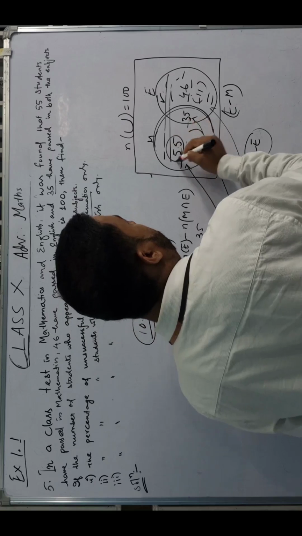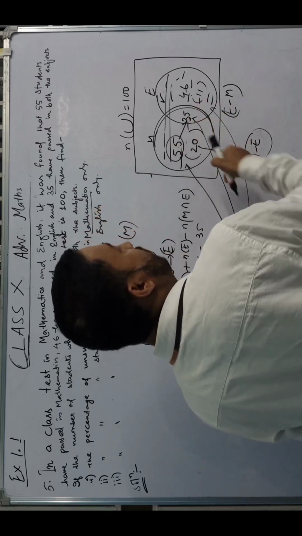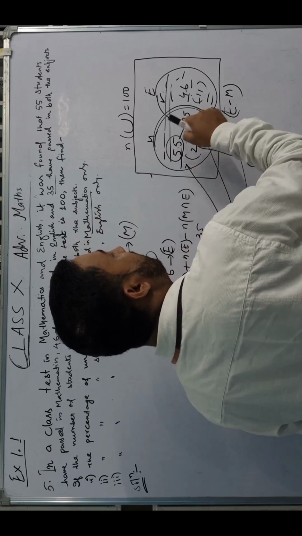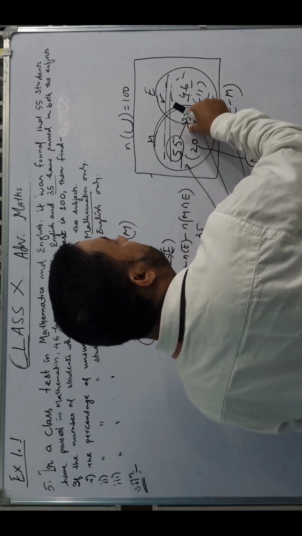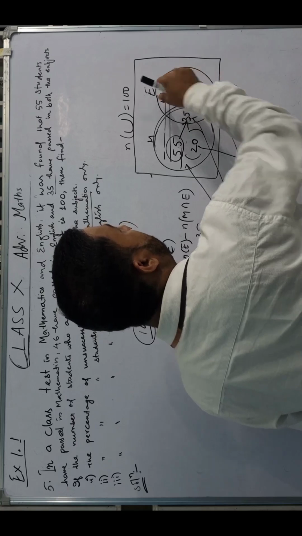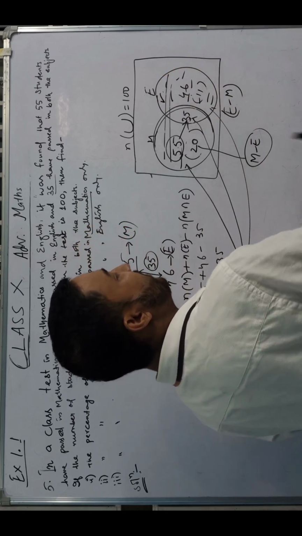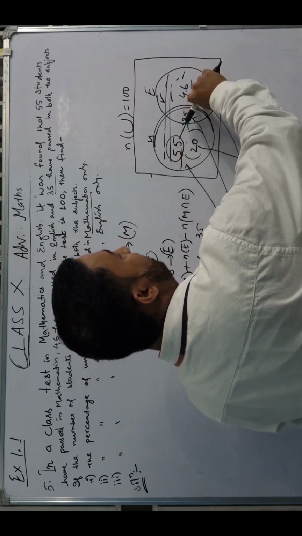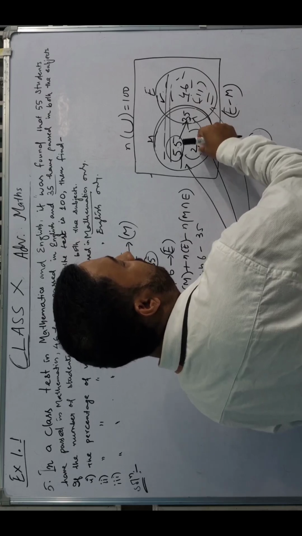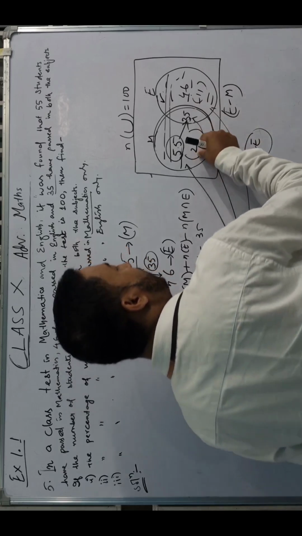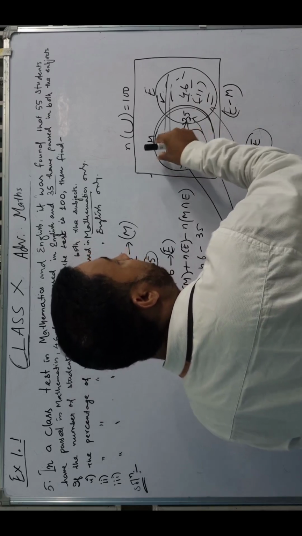So out of 55 students we subtract this 35. Why am I subtracting this 35? Because these 35 students are also part of the set E, that means they also cleared the English subject. So out of 55, if we subtract 35, we remain with 20 students. These 20 students could pass only in maths.